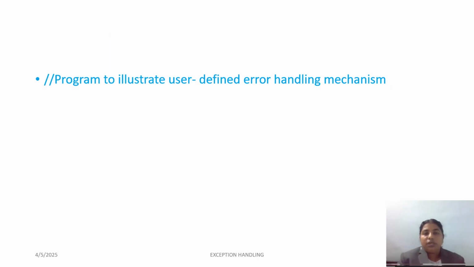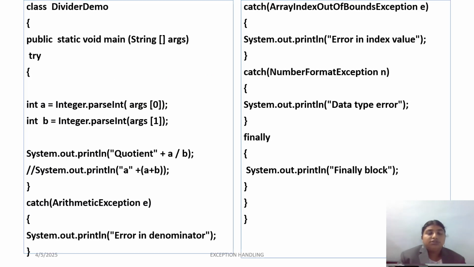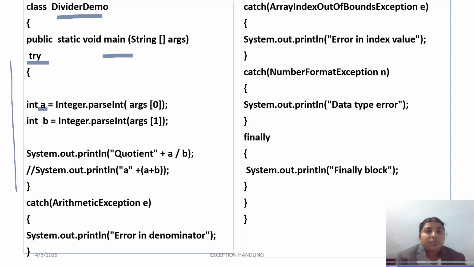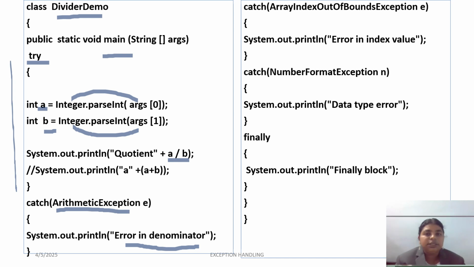Here is a program to illustrate the user-defined error handling mechanism. So here is a class called DividerDemo, the main method, and inside the main method is the try block, within which we have two variables A and B which receive command line arguments converted into type integer, and we print the value of A divided by B. There is a catch block to handle any ArithmeticException which prints the message error in denominator.